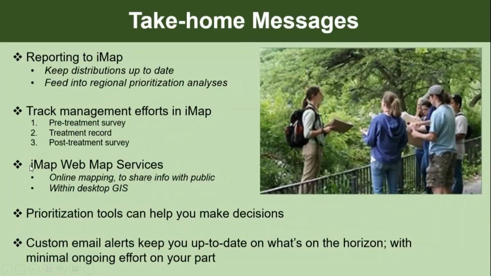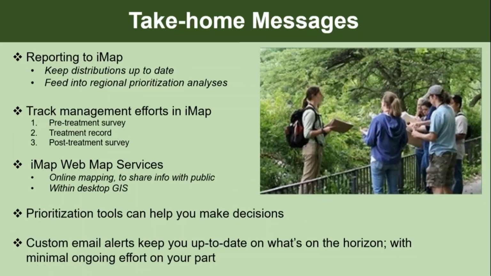There's a lot of potential for using the iMap web map services for online mapping, sharing info with the public, or within your own GIS projects. There are prioritization tools that can help you make decisions. And there's a lot of horizon scanning opportunities. In particular, you can set up custom email alerts to keep you up to date on what's new in your area or near your area.